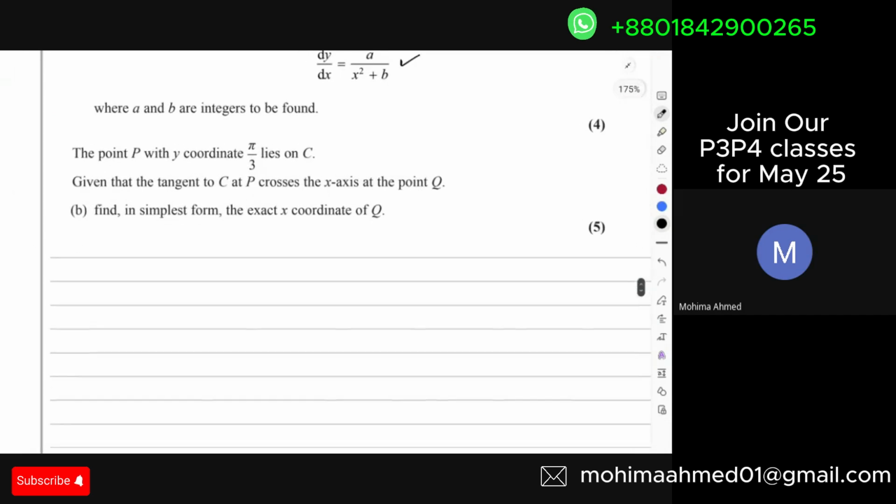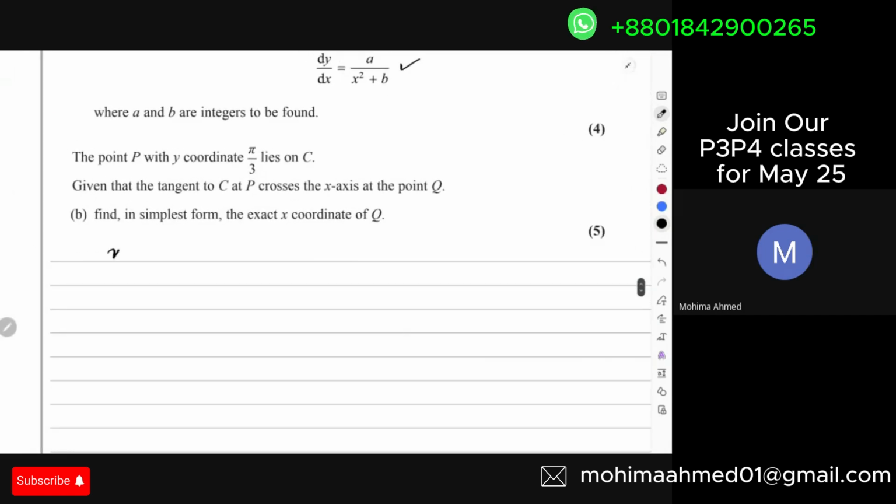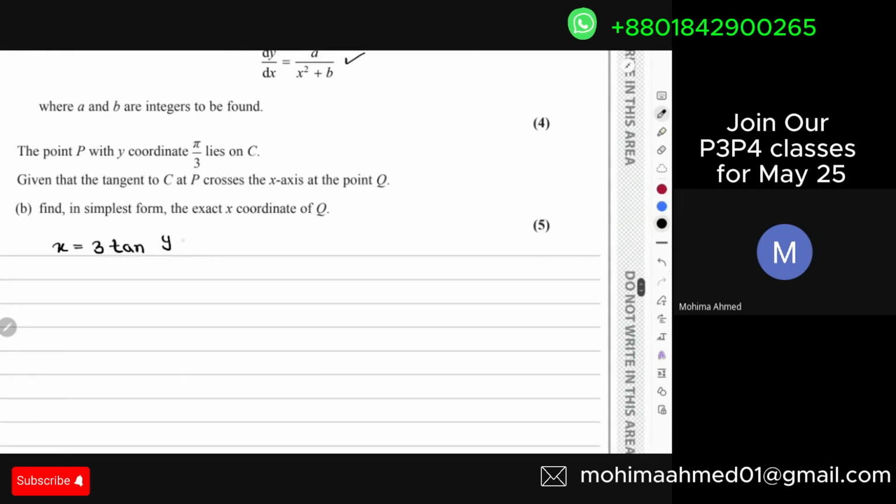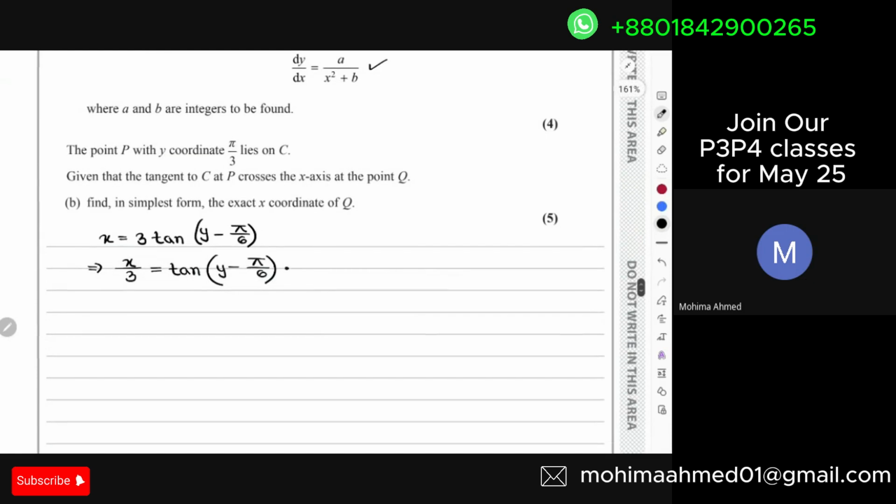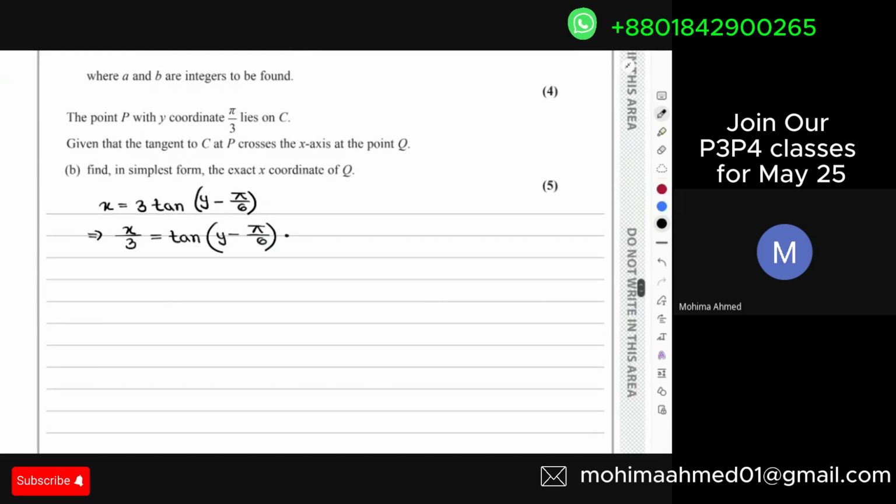So if I write this first, that x equals 3 tan y plus pi by 6, that means it will be x by 3 plus pi by 6, right? So this is another expression that we have to use in the previous cases, because I always have to somehow extract x into the equation. So I'll have to use this.